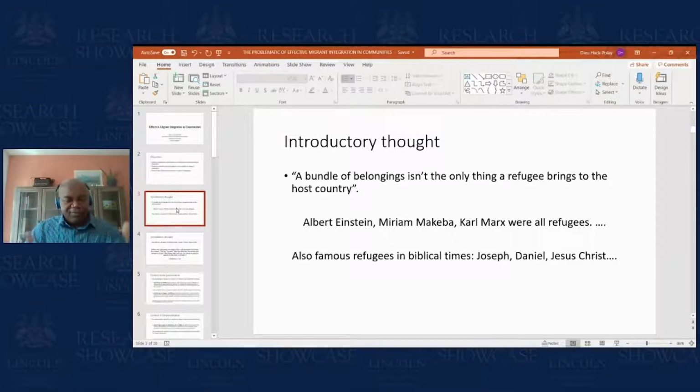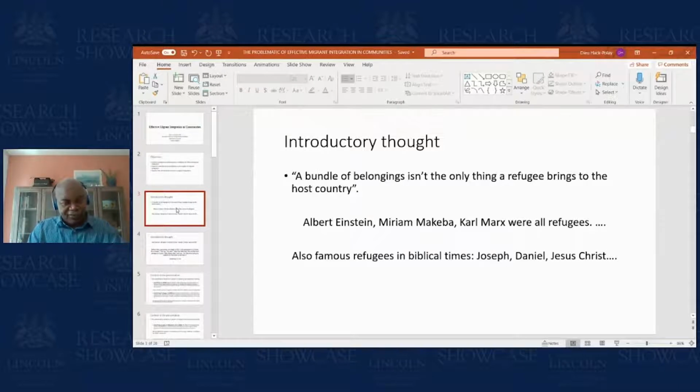All these people exemplify the fact that migration is not just for poor people who flee from particular social or political conditions. All sorts of people from all sorts of life have been migrants at some point in their lives.